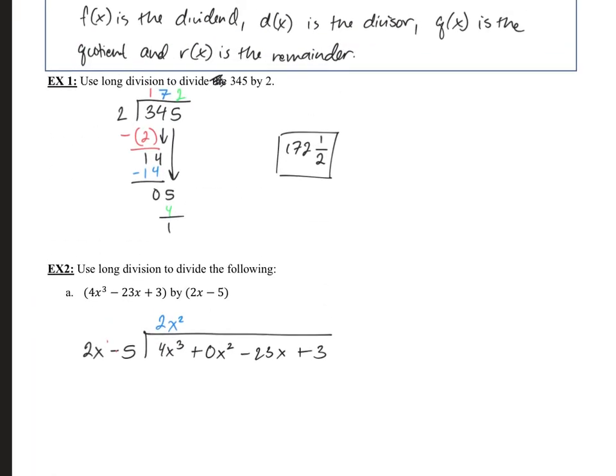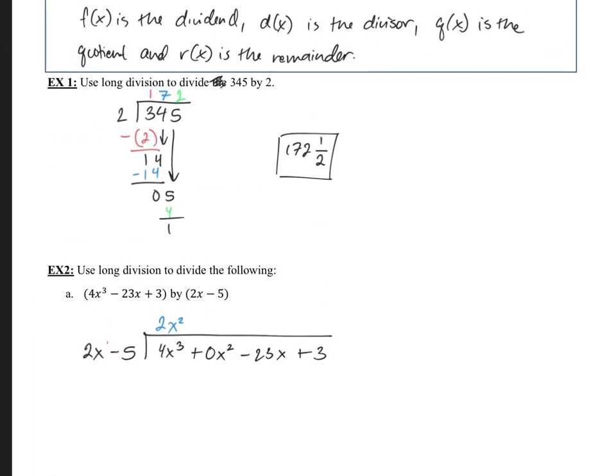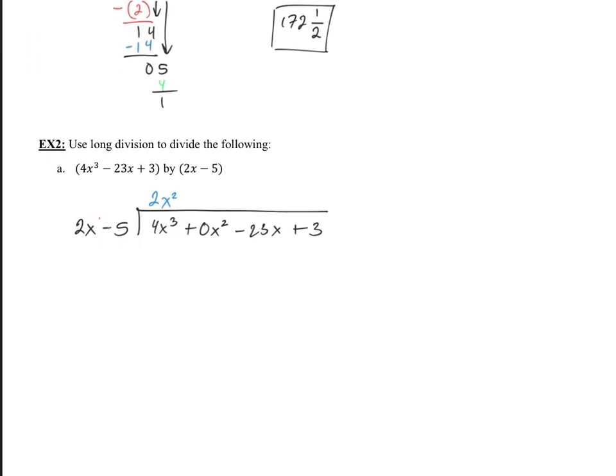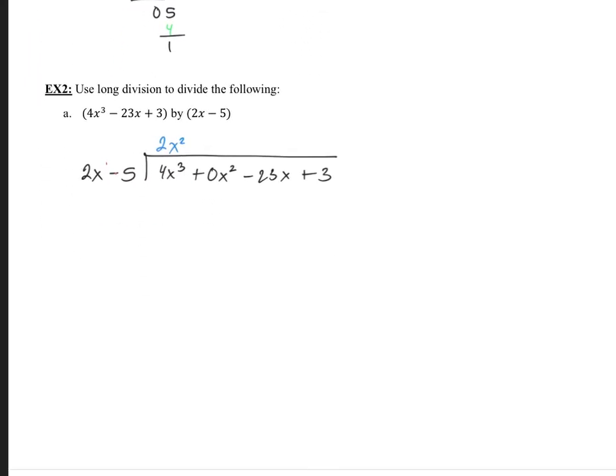So as usual, just like we would multiply the 1 times the 2 to get the 2 that we're subtracting, or the 7 times the 2 to get the 14 we're subtracting, we're going to do the same here. The 2x squared times this binomial, and we get the item we're going to subtract, which is 4x cubed, and then the 2x squared times the negative 5, which would be the negative 10x squared.